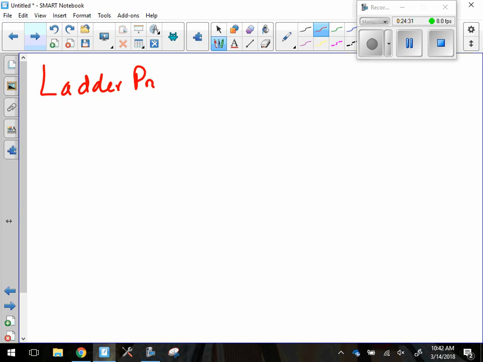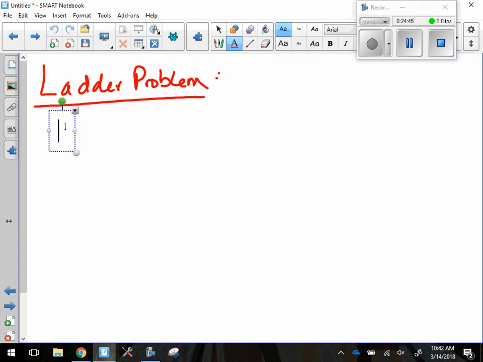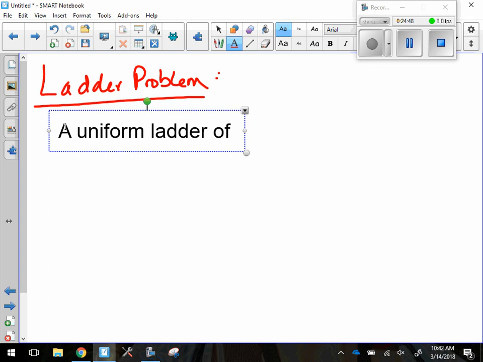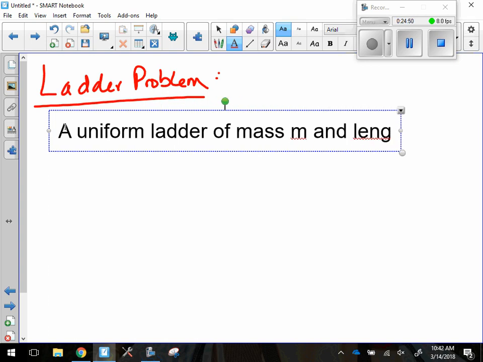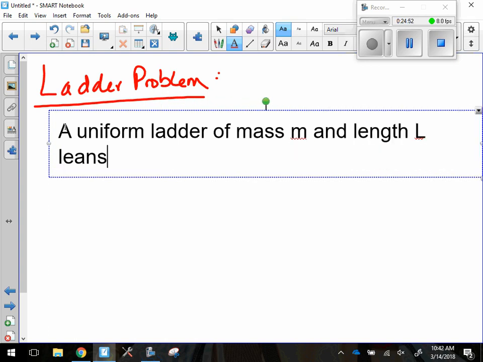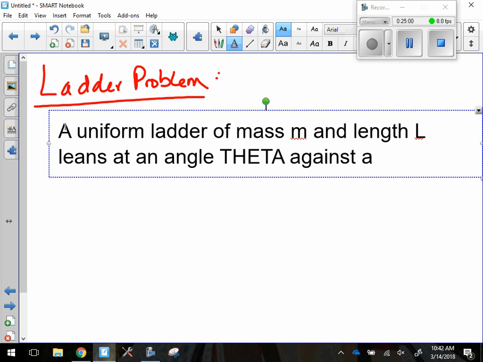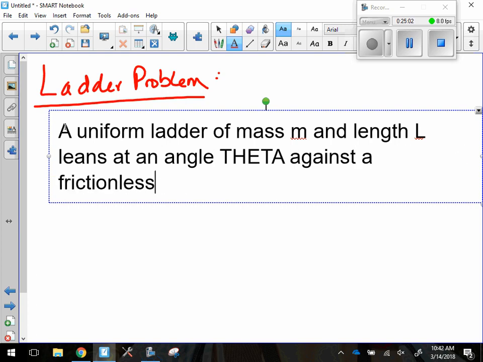Well, it's more that it's a class of problems. And it's not a problem that you have in your book, so I'm actually going to type it out because it'll just be easier to do it that way. Okay, so a uniform ladder of mass m and length L leans at an angle theta, because I don't know how to type that out, against a frictionless wall.